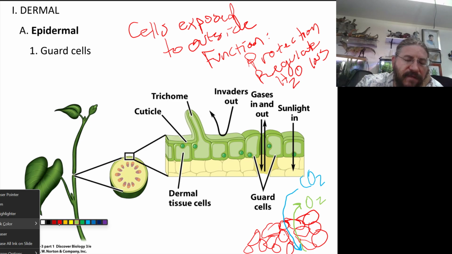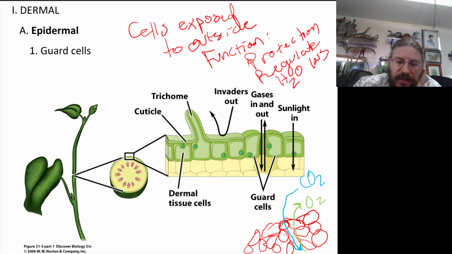And they also have the ability to shut. So these cells can completely close off the stomatal opening, and now there is no opening, and we have no gas exchange, which sucks because we need carbon dioxide to power photosynthesis, right?